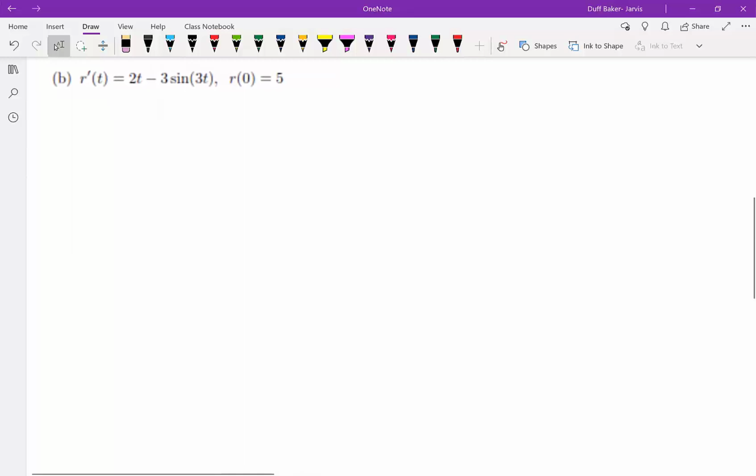So we can do some other more interesting things. So let's do this initial value problem. Take a moment, go ahead and think about this one. Pretend it's an exam, see if you can get the answer, and then I'll go through it.